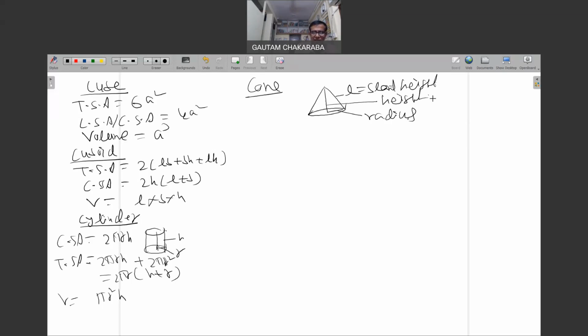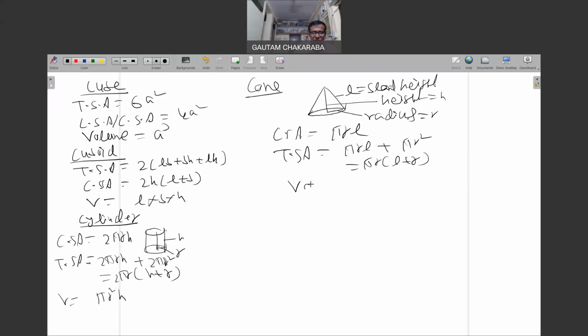Slant height L, height H, radius R. So CSA means only the outer surface area, not including the base, is pi RL. TSA including the base is CSA plus the area of the base, pi r square. That is pi r common, L plus R, right?